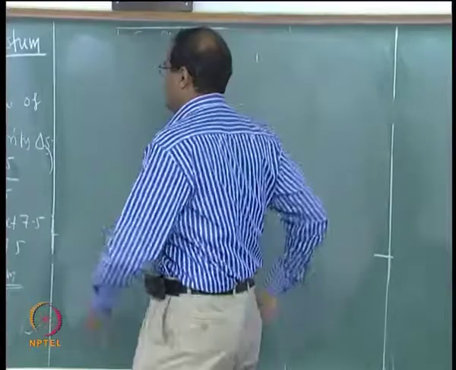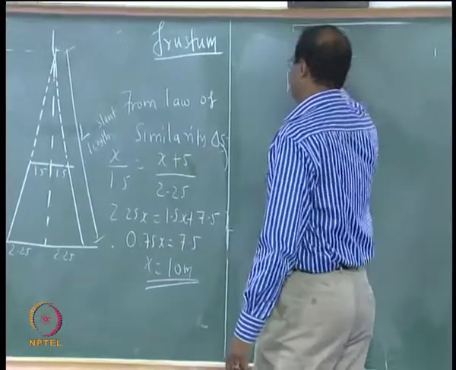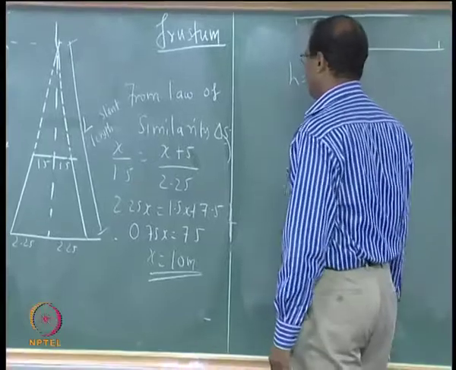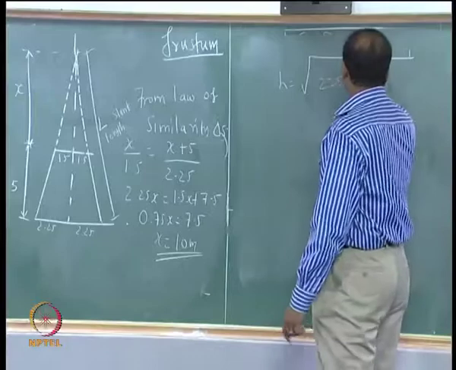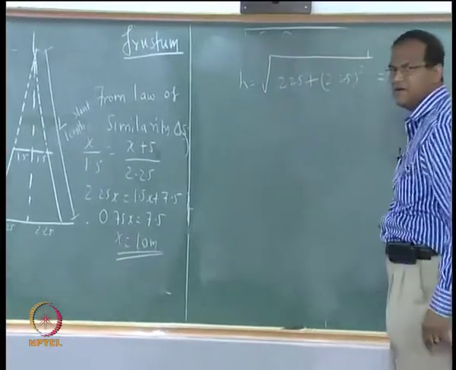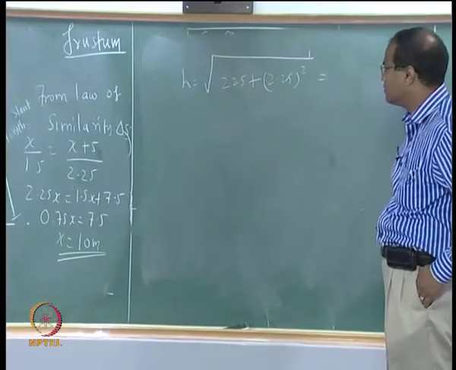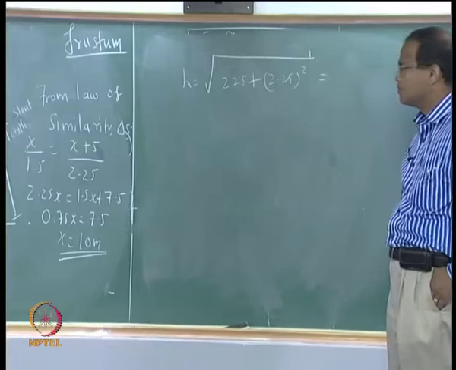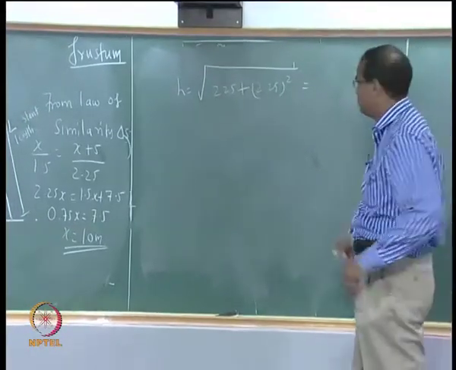So L equals root of 225 plus 2.5 squared, is that correct? 15 squared is 225. Yes, sir. How much is it? 15.17.